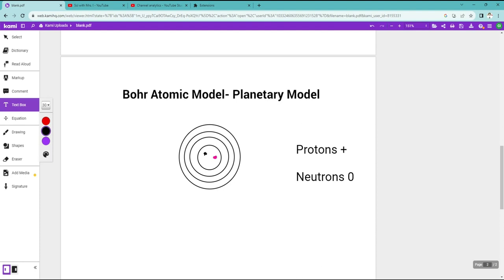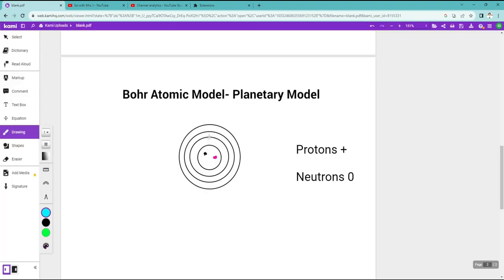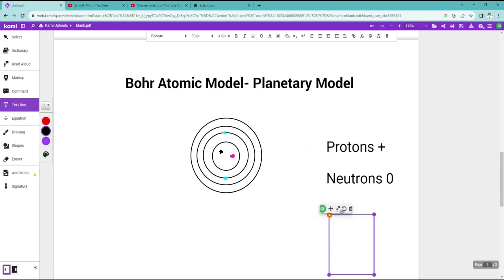But with the Bohr atomic model, Bohr thought the electrons were located in these orbits or energy shells. He thought that they were static. They weren't changing or moving. They had to stay in this particular shell, just like planets orbiting around the sun. They couldn't go anywhere. They were stuck there. Now, electrons have a negative charge.